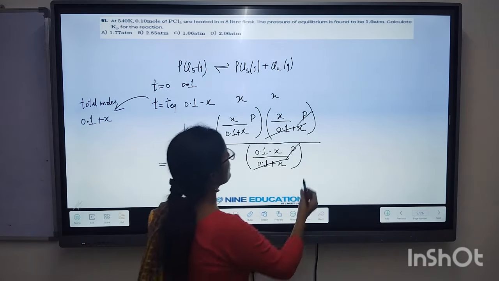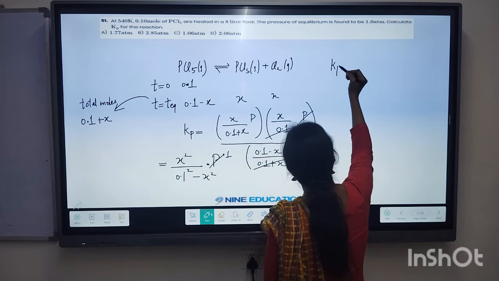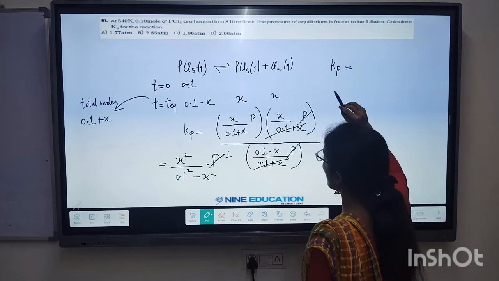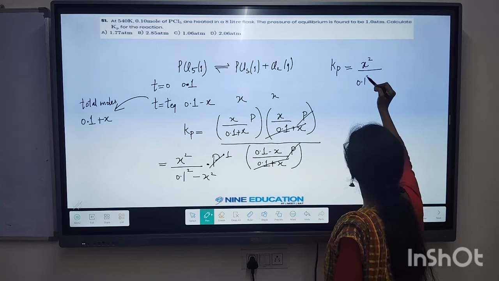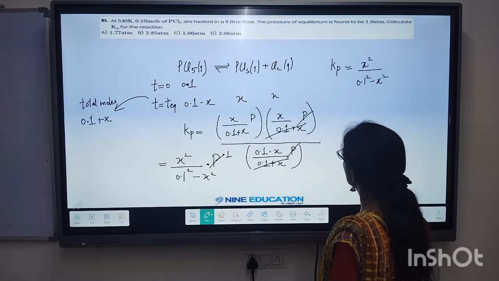So after simplification, we are getting Kp equal to X square divided by 0.1 square minus X square.